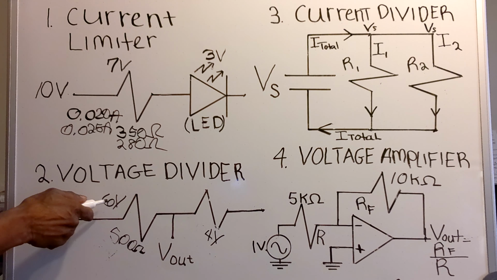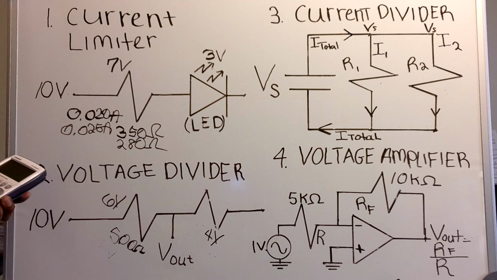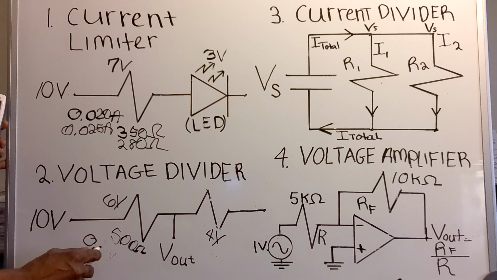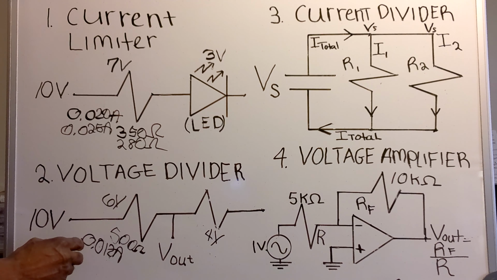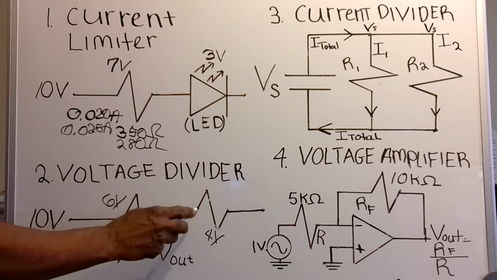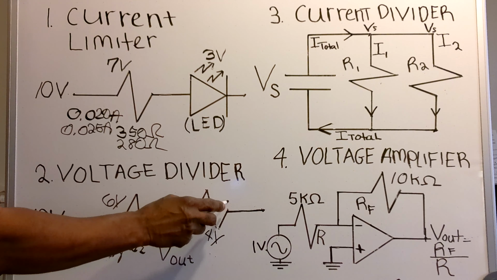And I'll go 6 volts divided by 500 ohms, that equals 0.012 amps. So now I know I have 0.012 amps flowing through the circuit, which means that 0.012 amps will also be flowing through this resistor.